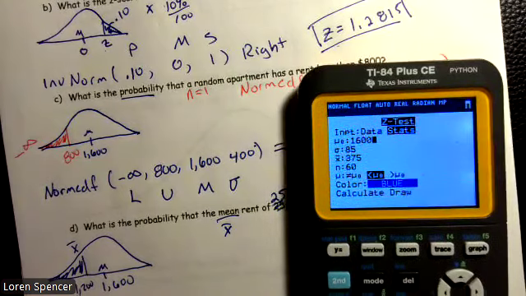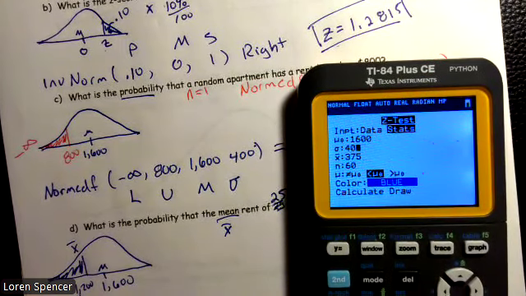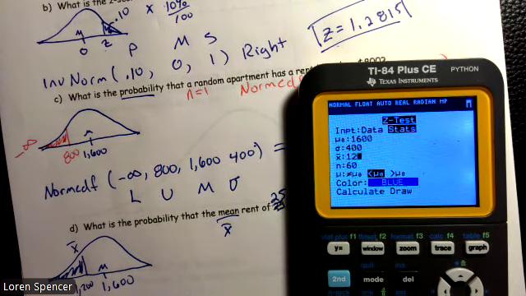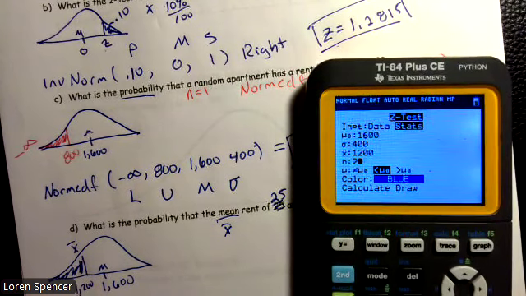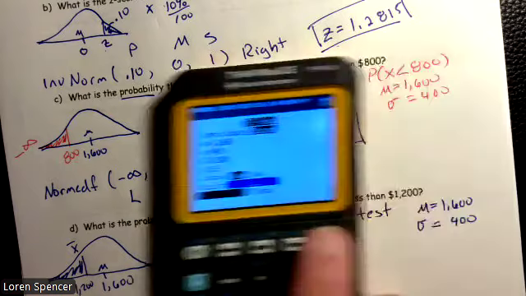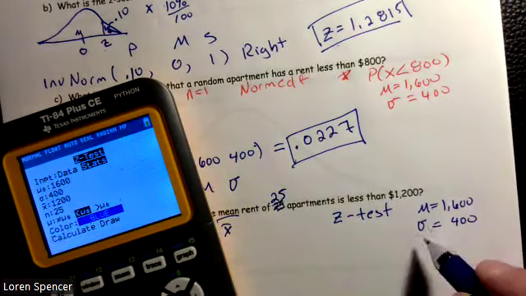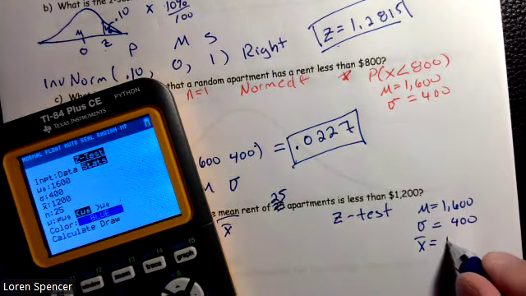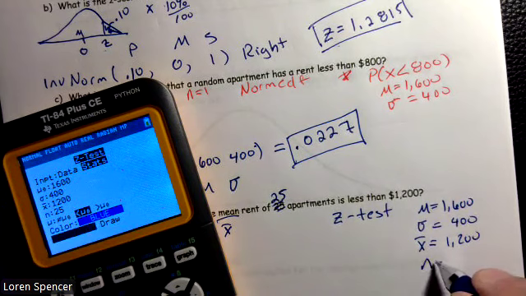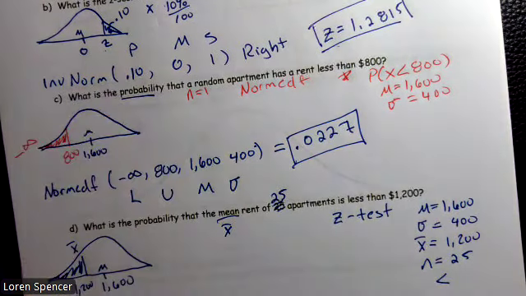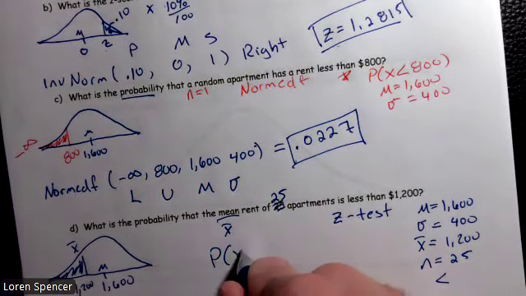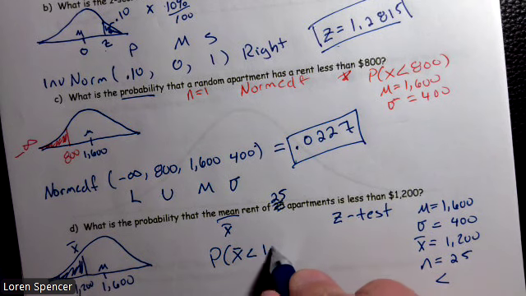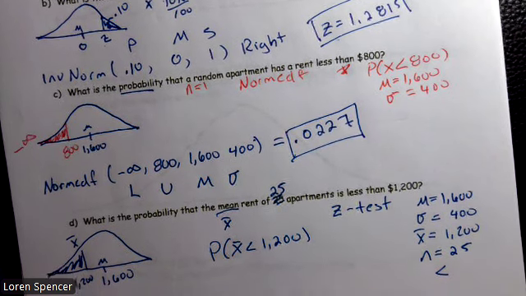So stat test, Z test. Mean of 1600, standard deviation of 400, X bar of 1200, and we have a sample size of 25. So X bar, got to note it down, is 1200. N is 25, and we're looking for a less than, because we were looking for the probability that X bar is less than 1200.